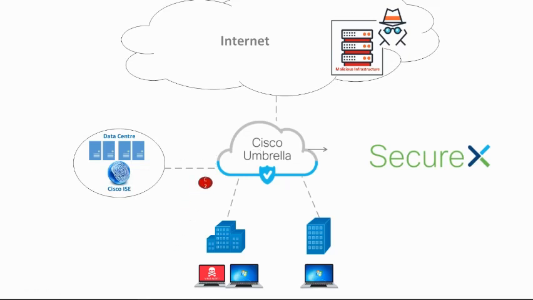Once it gets discovered and blocked by Umbrella, you now have two options to take the required action. You can keep manually checking the critical alerts on the Umbrella dashboard, find the device context or details of the infected device, and then manually isolate it inside the network by contacting Cisco ISE, looking up the infected system, and then isolating it.